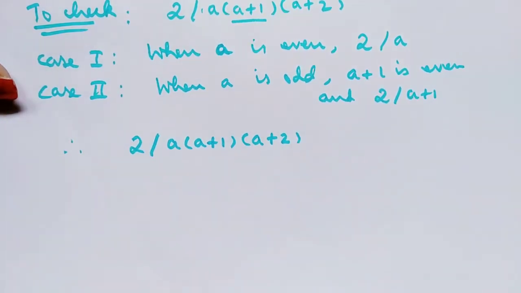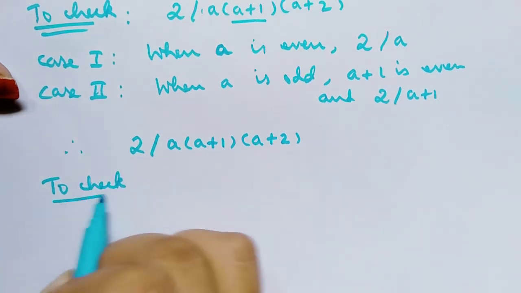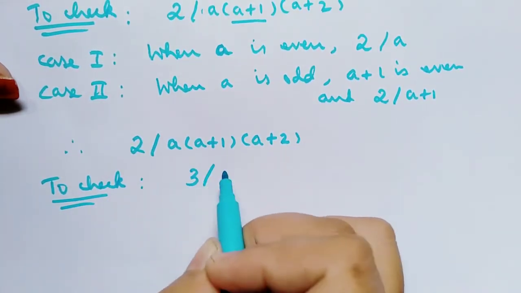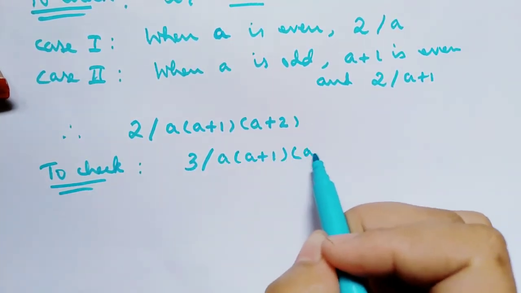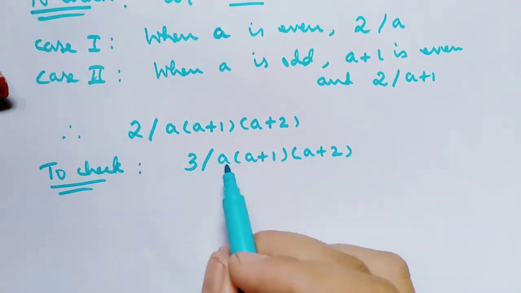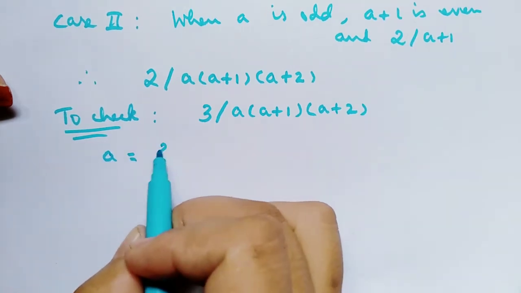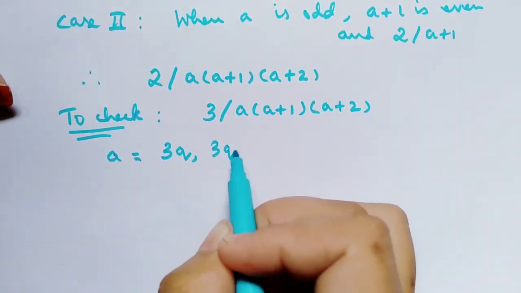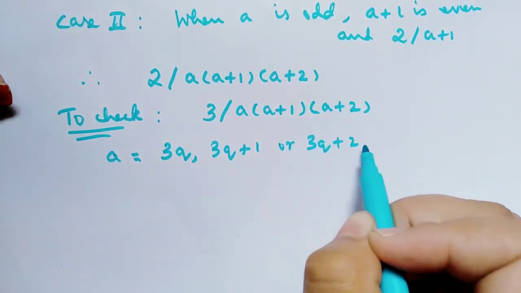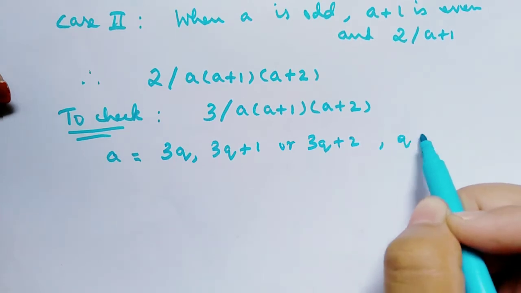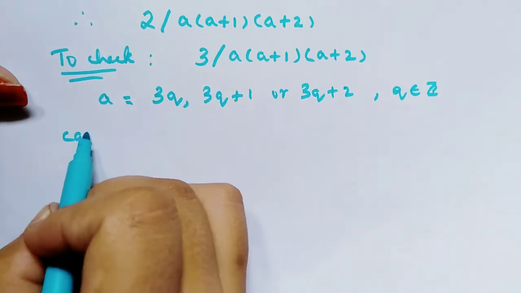Now next we check that 3 divides a into a plus 1 into a plus 2. Here a is of the form 3q, 3q plus 1, or 3q plus 2, where q is any integer. Now we check each case.